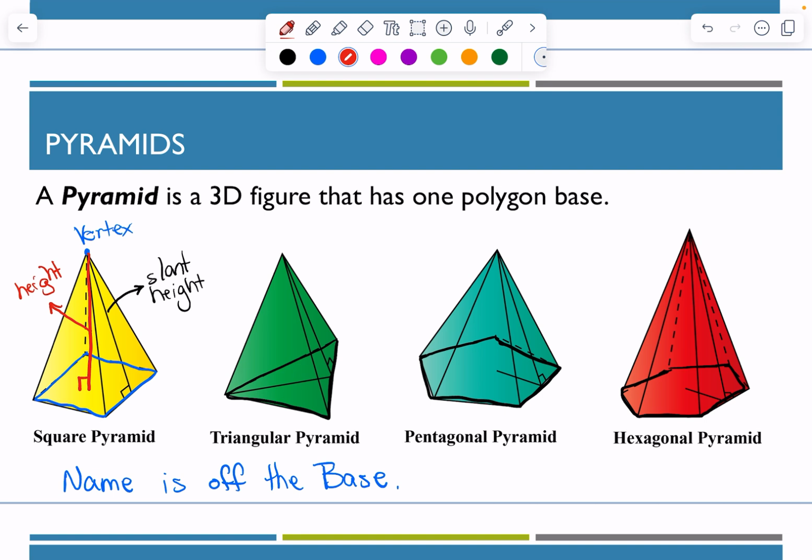If I lay a string on the side of the pyramid from the vertex to the base, that is the slant height because it's going to run down the side of the triangle. Okay, so we're going to need both of those measurements. The height going through the middle of the figure and the slant height on the side of the figure.